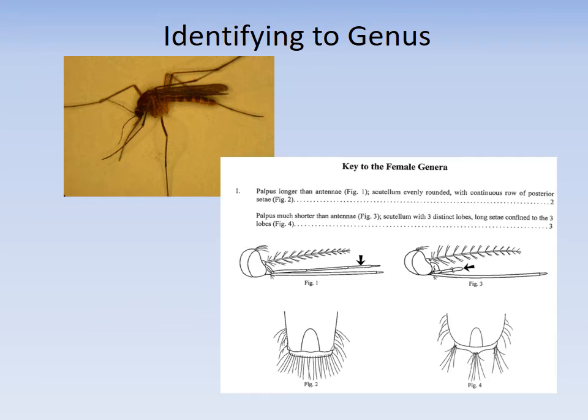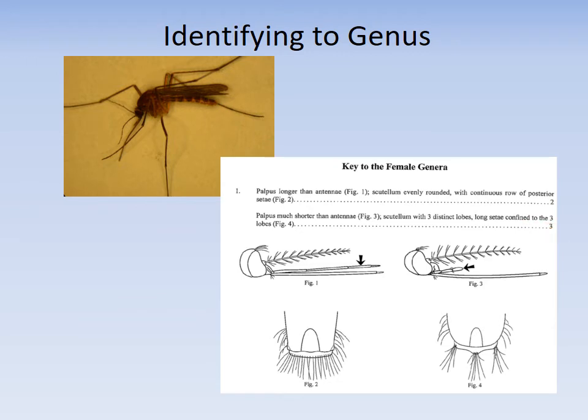This is going to be couplet 1. If our specimen meets the criteria of this top portion, then it's sending us to couplet 2 next. If it meets the criteria of this bottom portion, then it's going to send us to couplet 3.